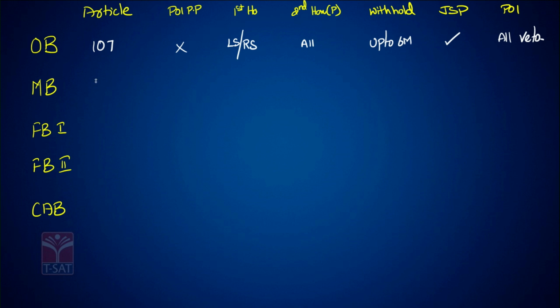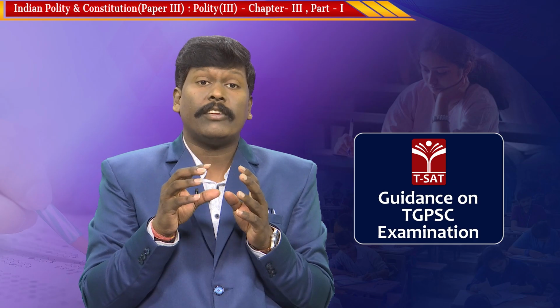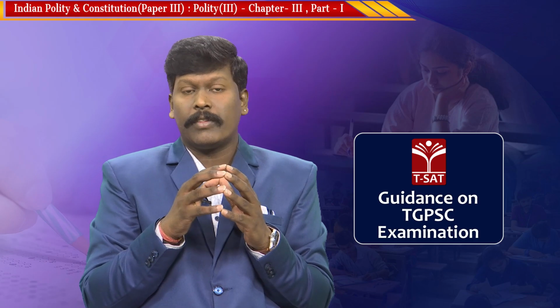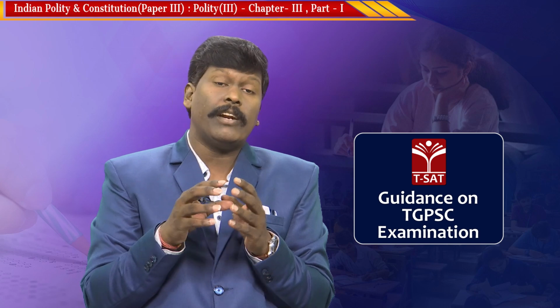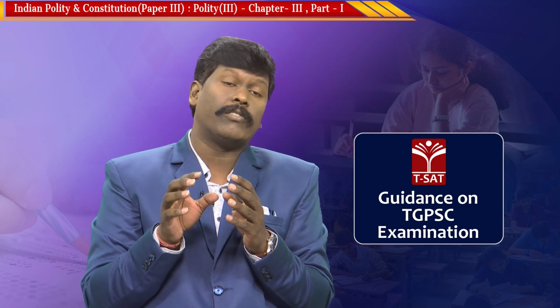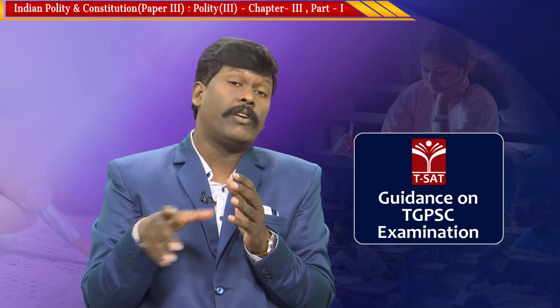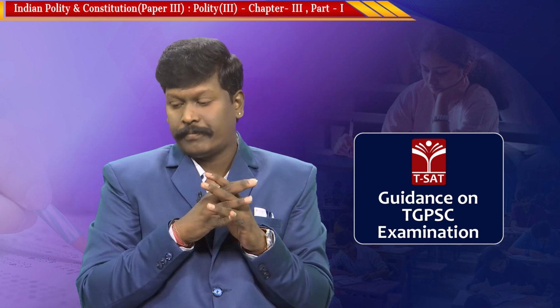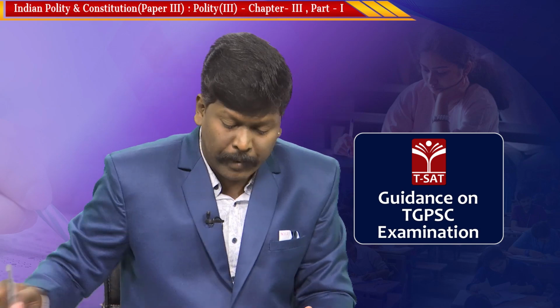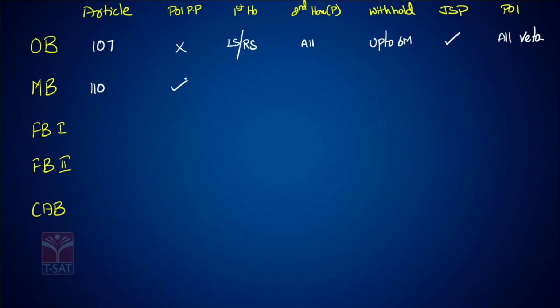Now, money bill. Article 110 of the Constitution says, a bill which consists of the provisions only mentioned in Article 110 clause A to 110 clause F is called money bill. President prior permission is compulsory for money bill to be initiated, and it is initiated from Lok Sabha.